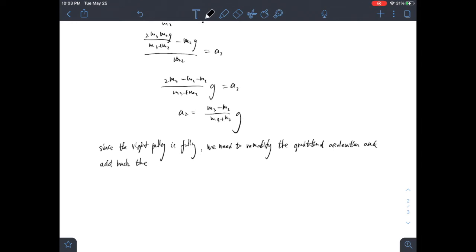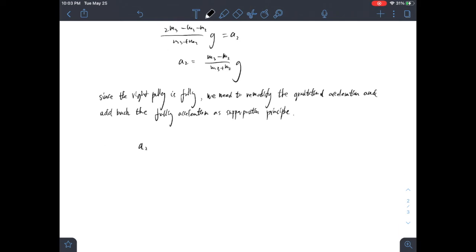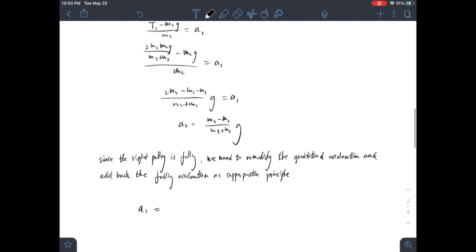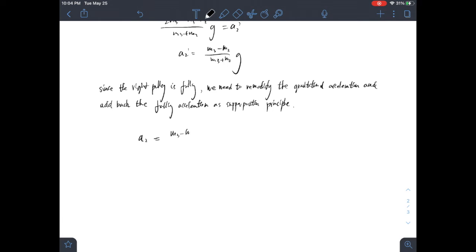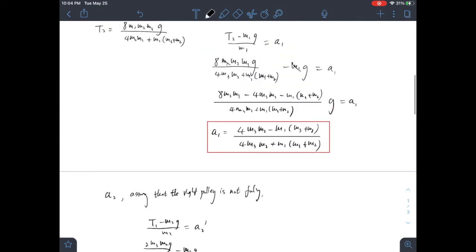And we need to add back the acceleration caused by block 1, using the principle of superposition. So after we re-modify the gravitational acceleration, we add back the falling acceleration. Understand? So first assume that they are both falling downwards, but A2 is falling downwards with respect to A3, for example.